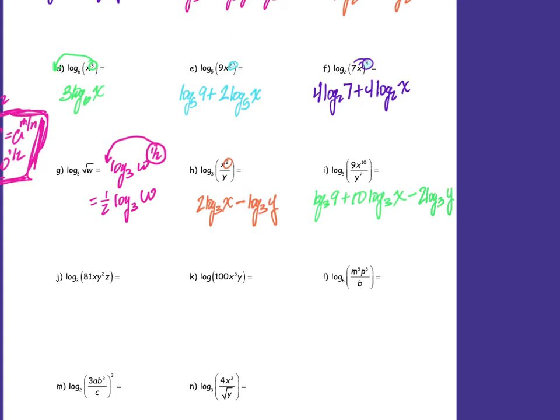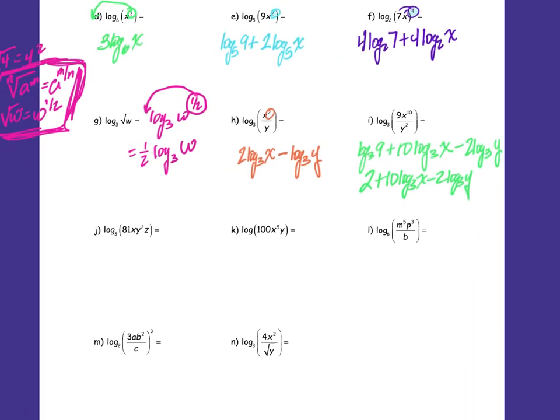And then it also says simplify if possible. Log base 3 of 9, 3 to what power equals 9, is 2. So this is 2 plus 10 log base 3 of x minus 2 log base 3 of y. And there's my final answer because it did say simplify if possible. Good job.